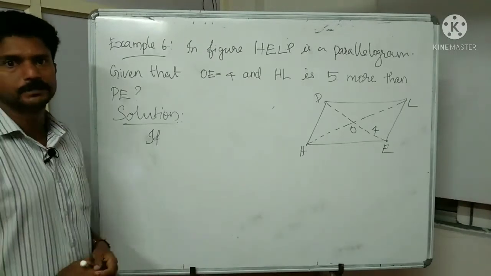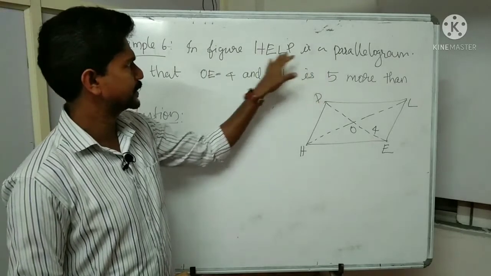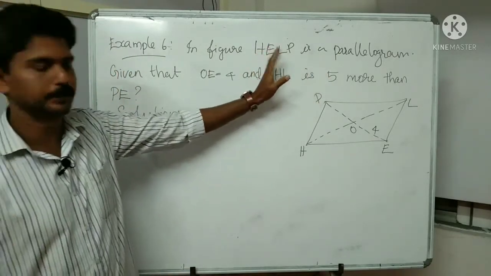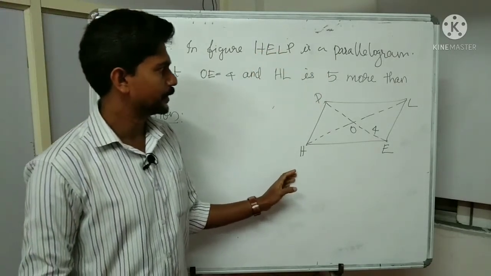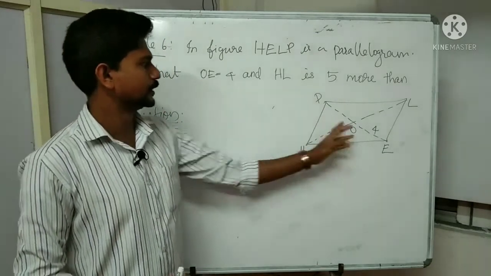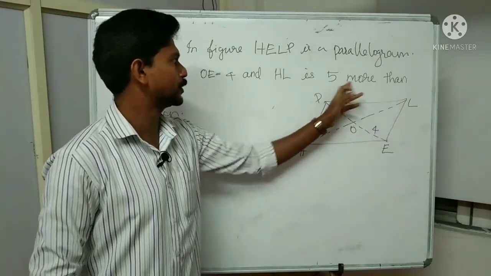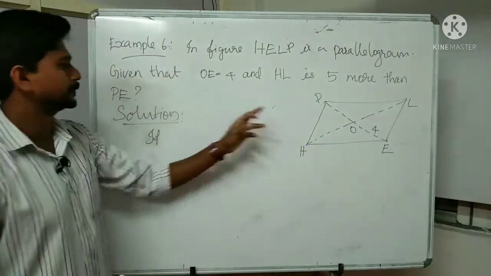Let us see question number 6 here. It's given, a figure, a parallelogram is given, its name is HELP. Given that the OE length is 4, and HL is 5 more than PE.